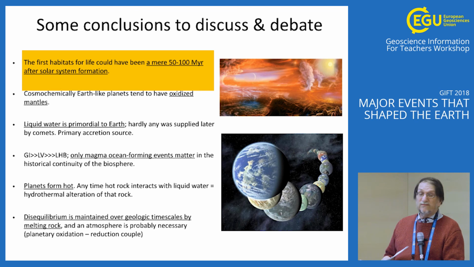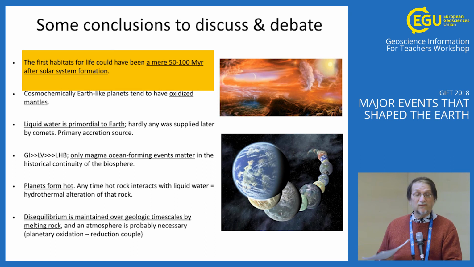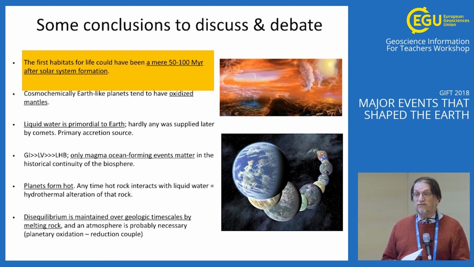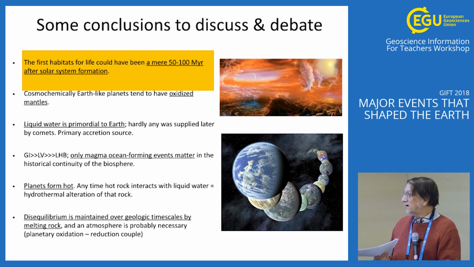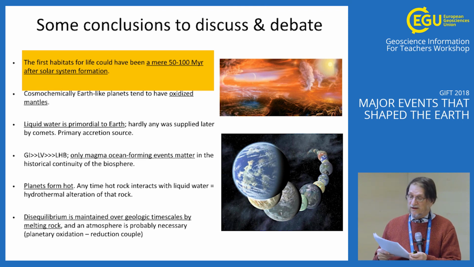The planets were originally hot, but when they cooled, they allowed for liquid water, and you could have hydrothermal alteration of the rocks, similar to our hydrothermal events today. And this equilibrium existed, and still continues, between the melting rock and the atmosphere, and that's this coupling of the oxidation and reduction potential.